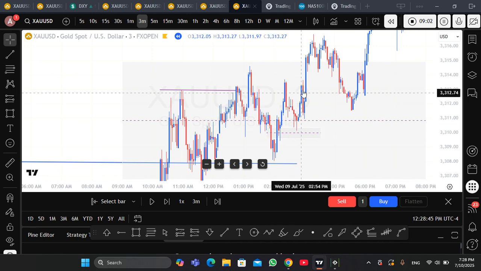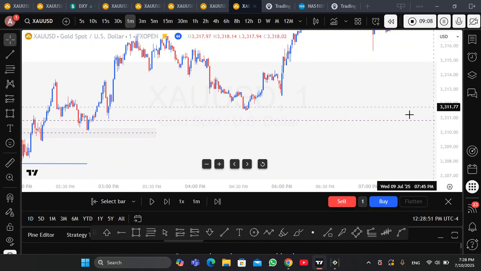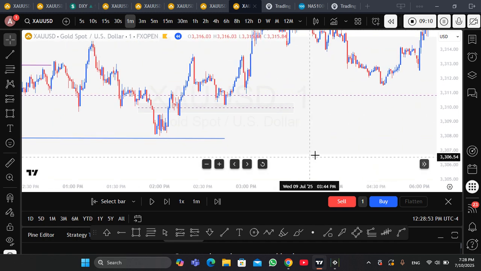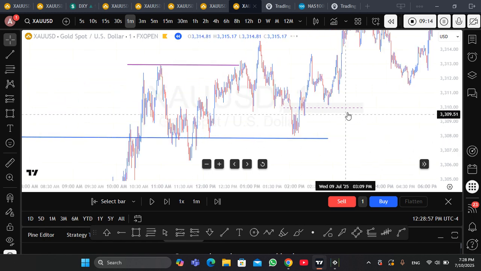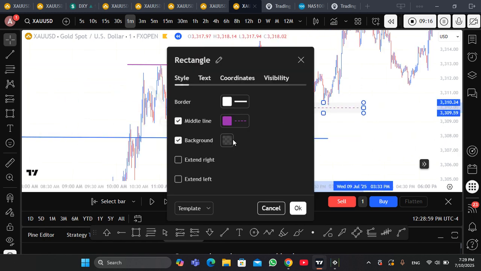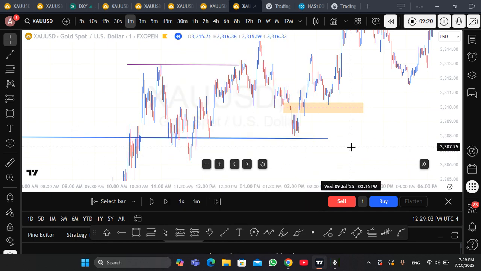I made a buy and then the price moved upward and then returned. On the lower time frame, I will put this here and change the color.